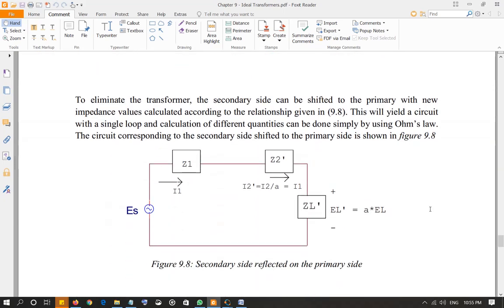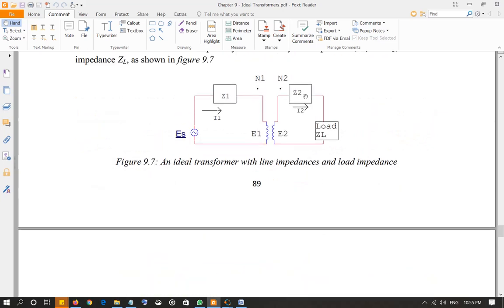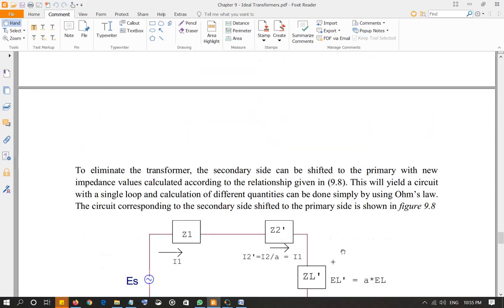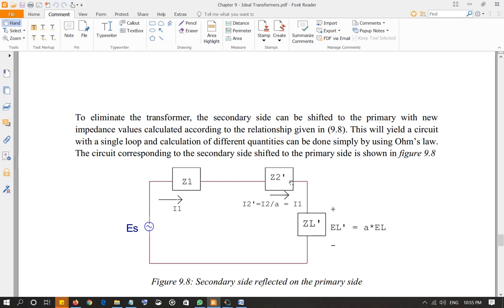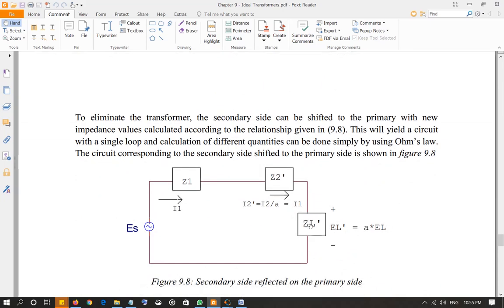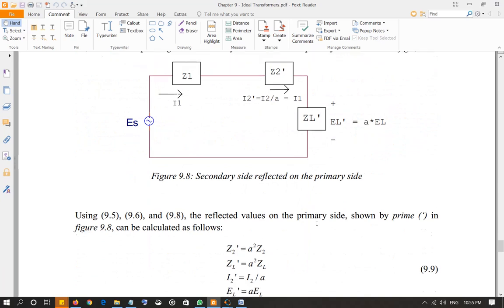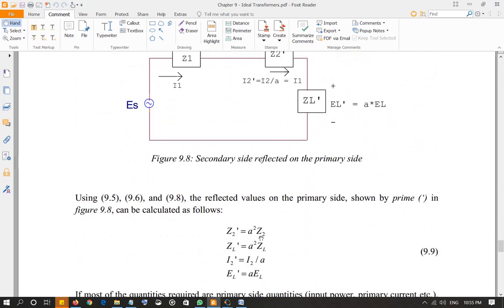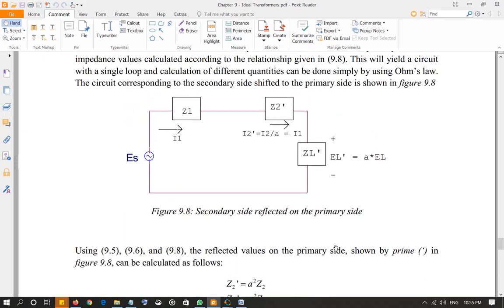So look at this. From this circuit, when I reflect Z2 on the primary side, I call it Z2 prime, and when I reflect ZL on the primary side, I call it ZL prime. Z2 prime is A squared Z2, and ZL prime is A squared ZL.